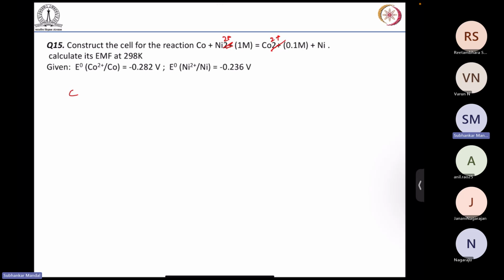Along with me, people can also do the cell. So nickel is the cathode and this is oxidation.